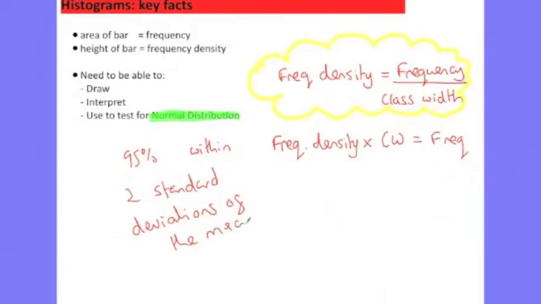So provided 95% of the distribution is within 2 standard deviations of the mean, this is a normal distribution. For further information on how to calculate the mean and the standard deviation, there will be a further session on that. However, we will be looking at some questions related to the histogram in this session.